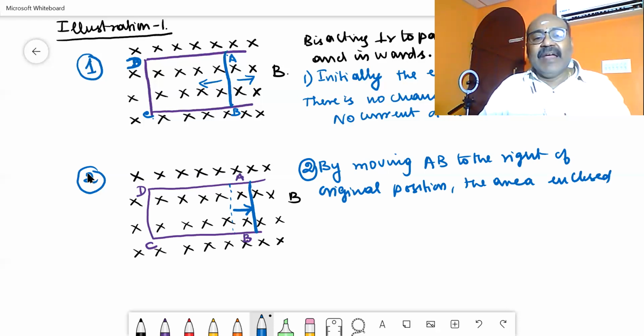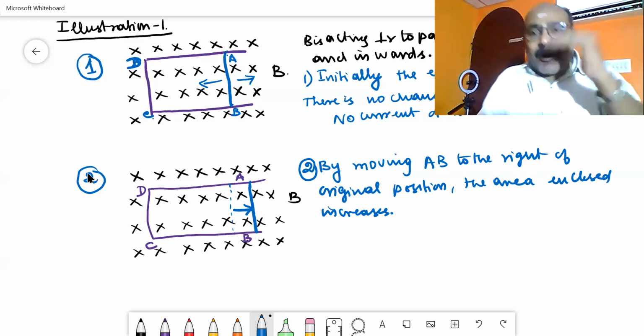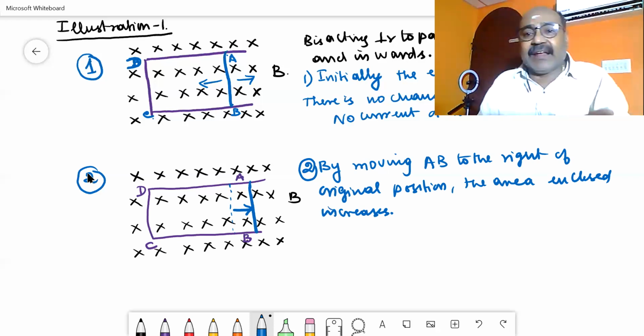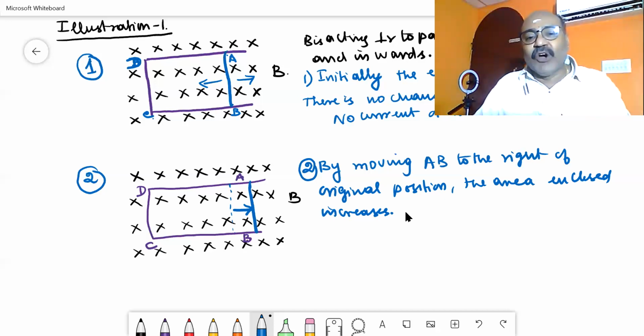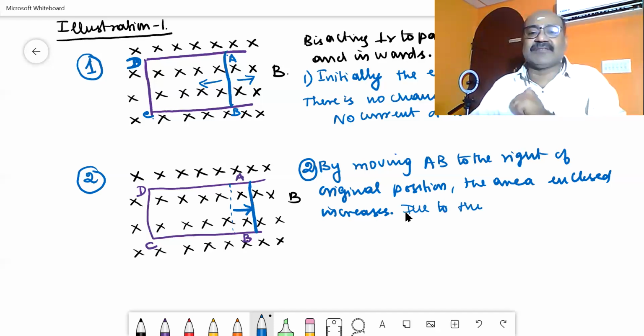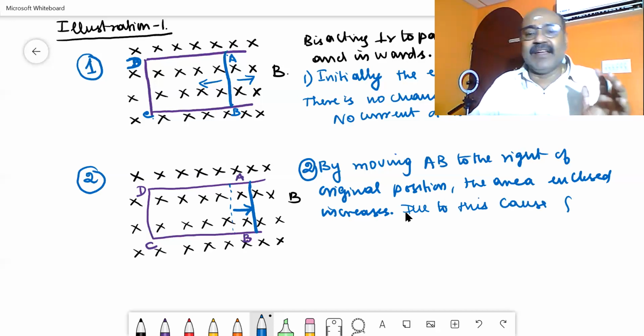See, if the area enclosed increases, what will happen? Then the number of lines passing through that area increases. If the number of lines passing through that area increases, then we can say the flux increases. Due to this action, this is the cause, the flux increases.